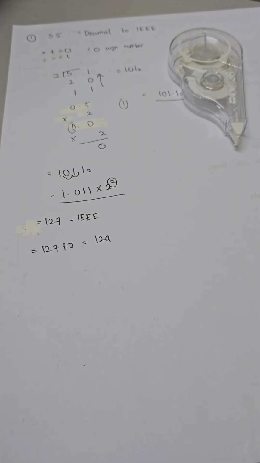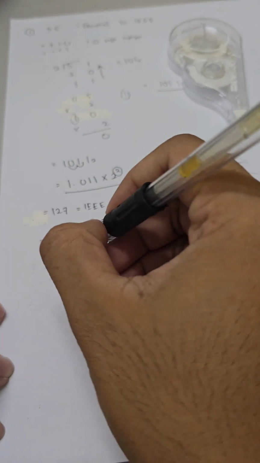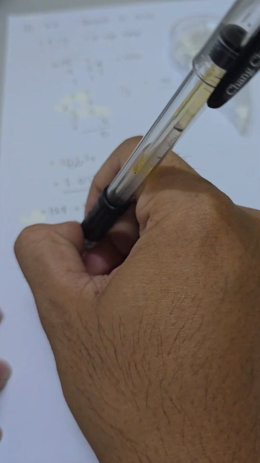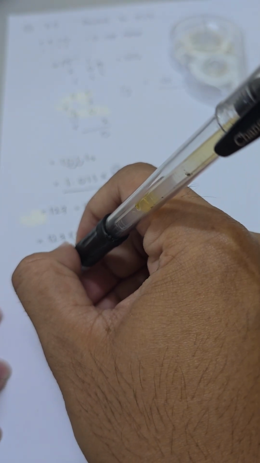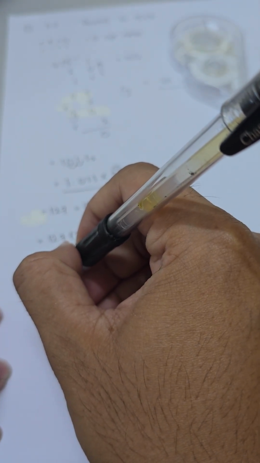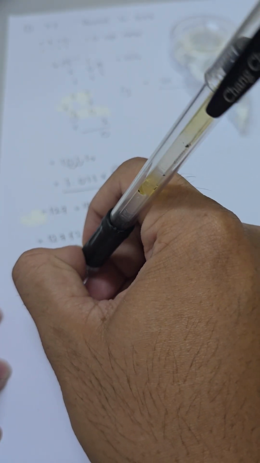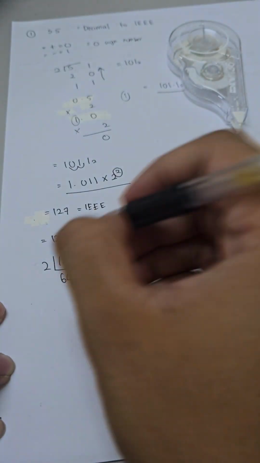So how to change? We must divide it by 2 until we get 0 remaining. 129 divided by 2, we get 64 with the remainder of 1.